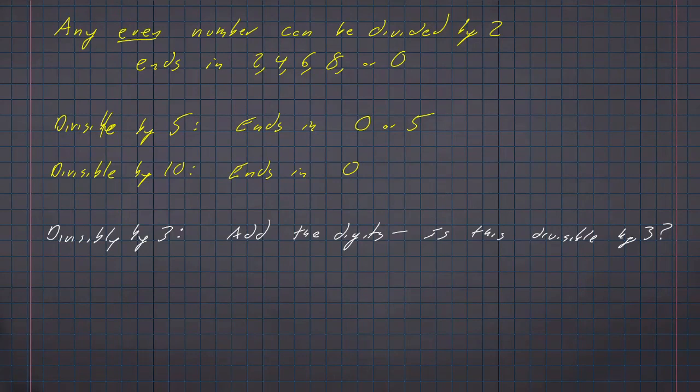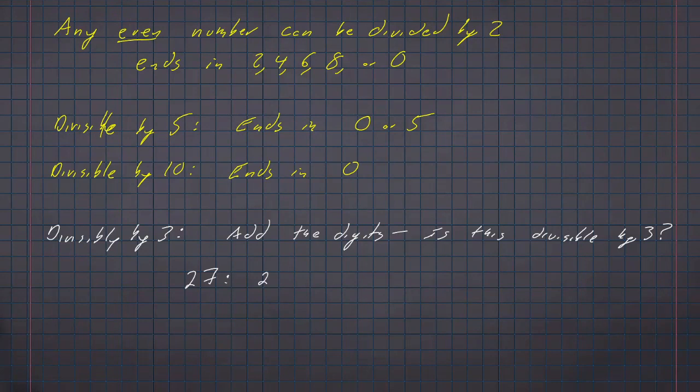If you add the digits together and ask, is this number divisible by 3? If the answer is yes, then the number you started with is divisible by 3 as well. Which is not all that much help if you have a number like 27. You should know offhand that 27 is 3 times 9, which is divisible by 3 immediately.